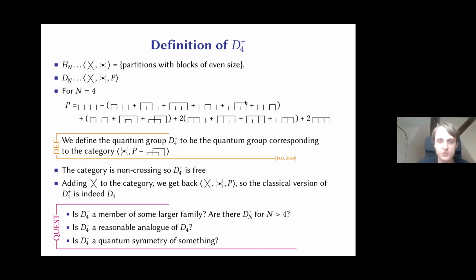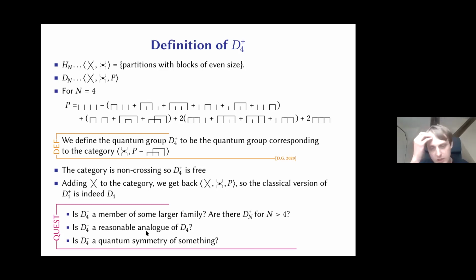I cannot do the same thing as I did now, but it can still happen that there are some Dn pluses for larger n. Is D4 plus a reasonable analog of D4? There's maybe some ill-defined question, but what I mean by this, for instance, is whether D4 plus is a quantum symmetry of something. Does it appear naturally somewhere where classically D4 appears? So those are the questions.